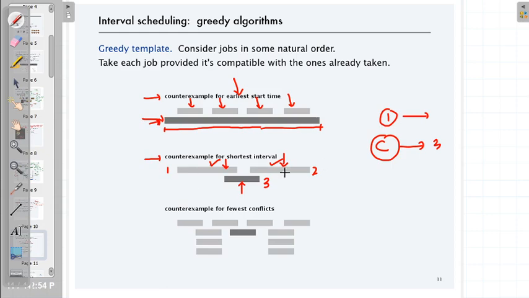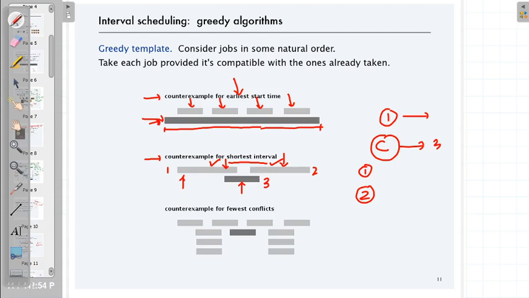But if some other algorithm picks 1 first, then after completion of 1 it can schedule 2. So by using shortest interval I can schedule only 1 job, but with other algorithms maybe I can schedule 2 jobs. So definitely shortest interval may not be the optimal one.